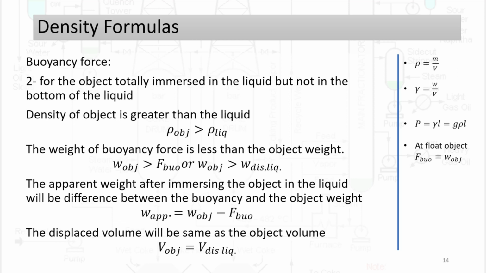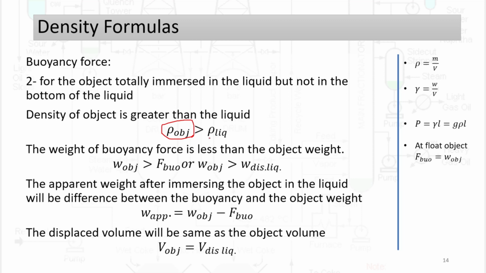Second case: the object is totally immersed in the liquid but not at the bottom, so it hangs in the middle of the liquid. In this case, the object density will be greater than the liquid.